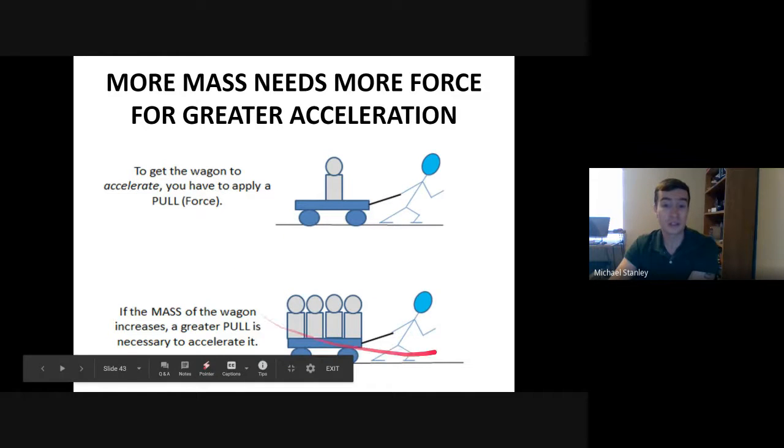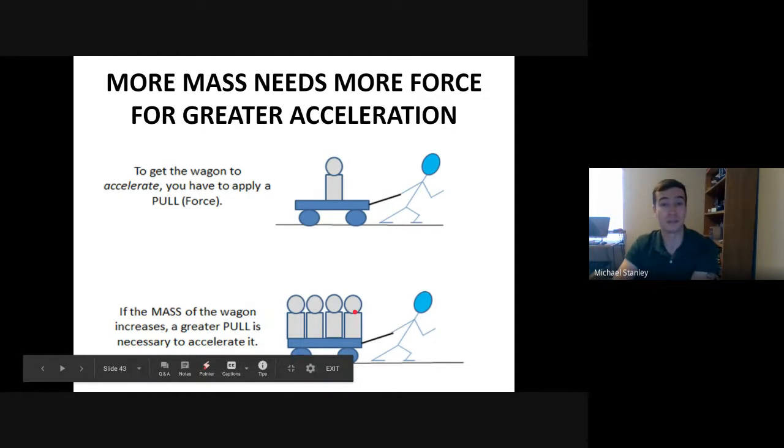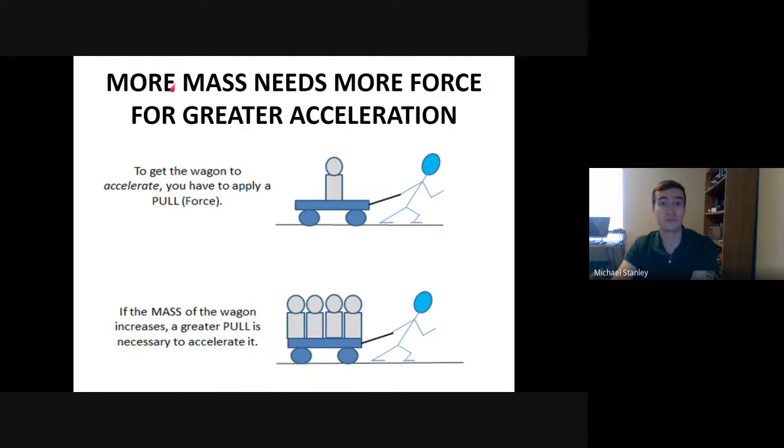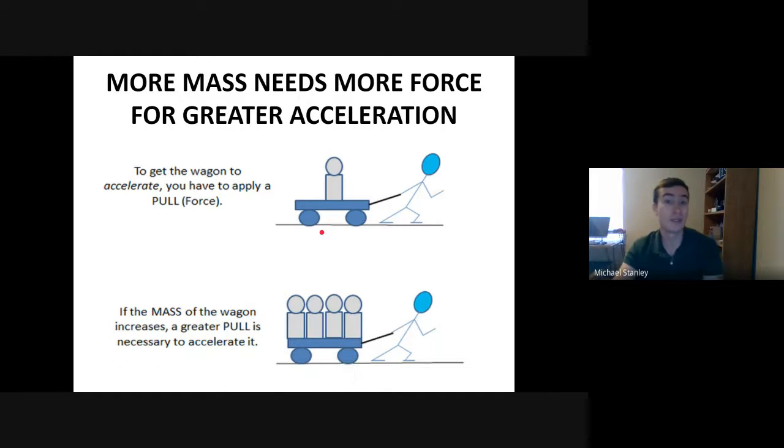But if you increase the mass, then you're going to need to increase the amount of force needed for that same acceleration. So if the mass goes up, then the force will have to go up in order to compensate. So to get the same acceleration with more mass means you got to put in more force.